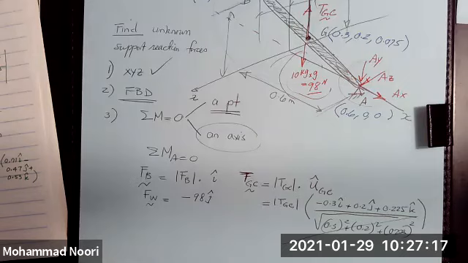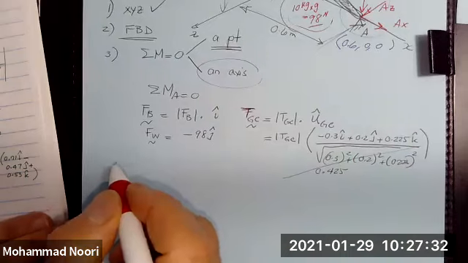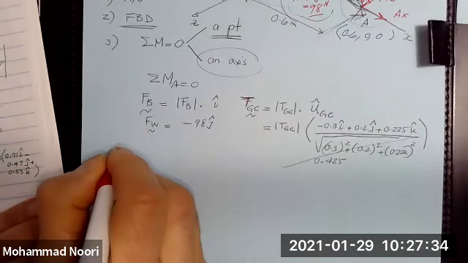That'll give you 0.425. Okay, so let me, from a clean slate, rewrite these equations because I need them.